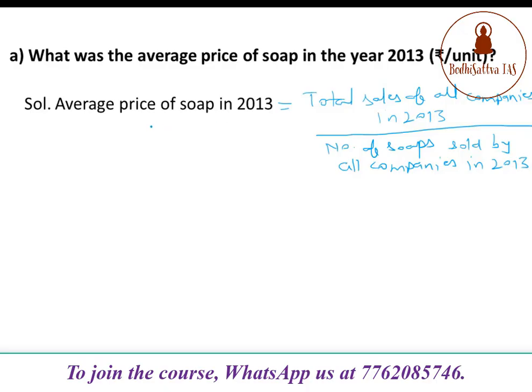So this is the formula which we are going to use. Average price of soap in 2013 will be given by total sales, meaning sales in rupees of all the companies in 2013, divided by the number of soaps sold by all the companies in 2013.